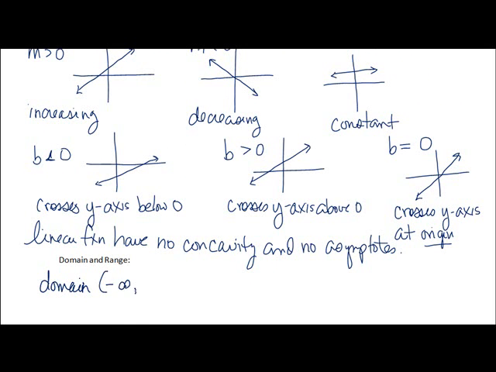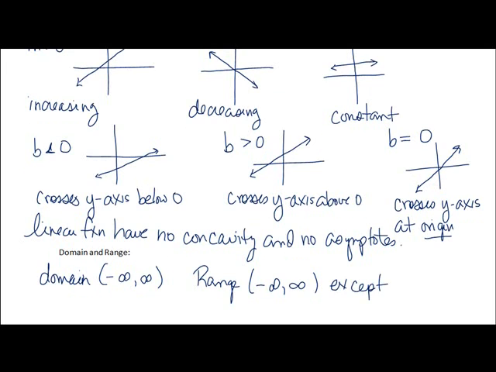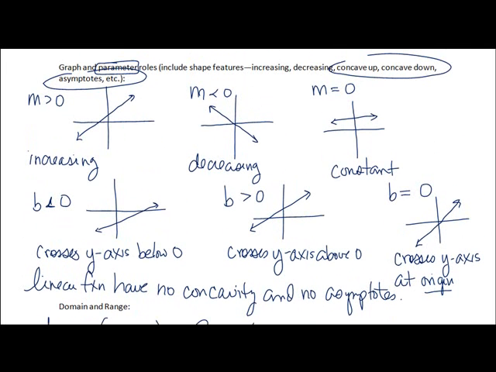Range is usually all real numbers, except for the situation where the slope is equal to 0 and you've got a constant function. Then you're only going to have one value in the range if that's the case, looking at this section right here.